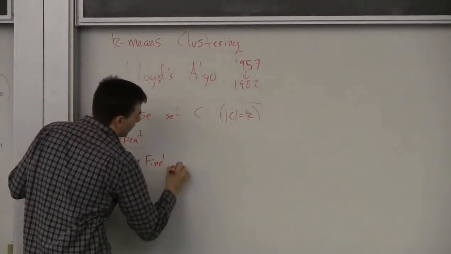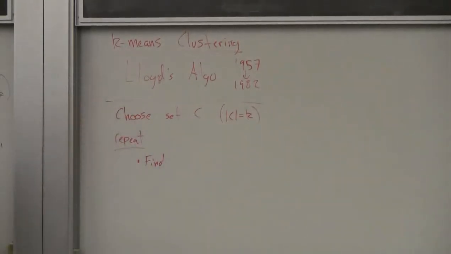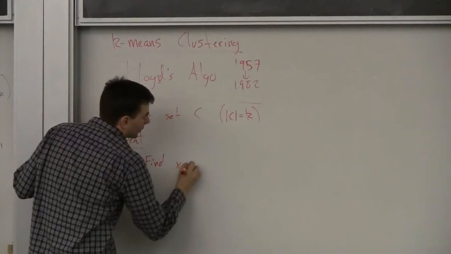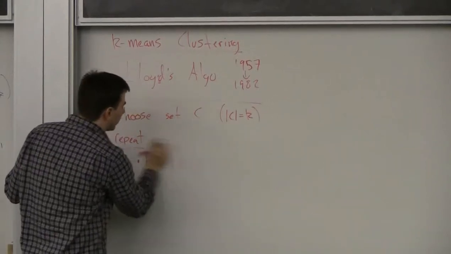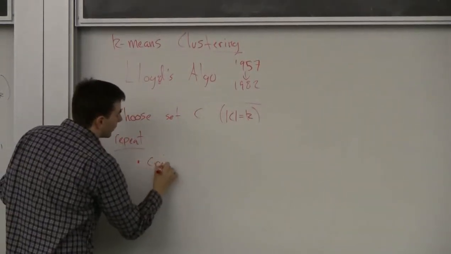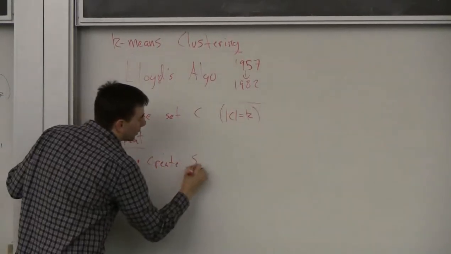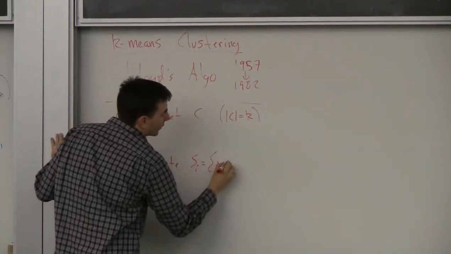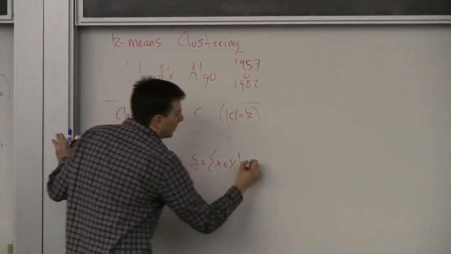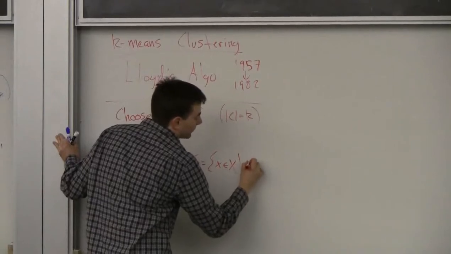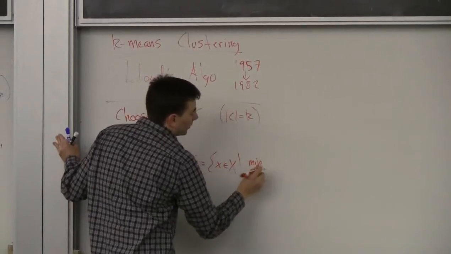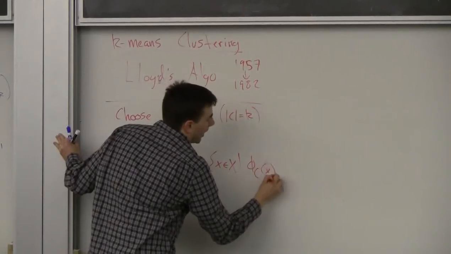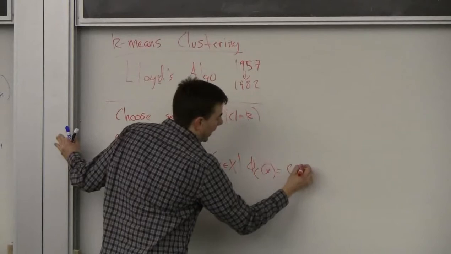We're going to find all x, and create the cluster Si, which is the x in the set X where phi of c of x is equal to the center Ci.